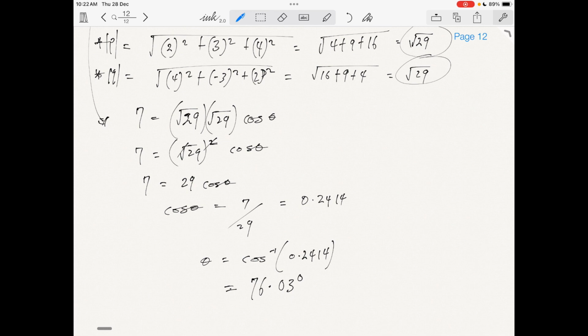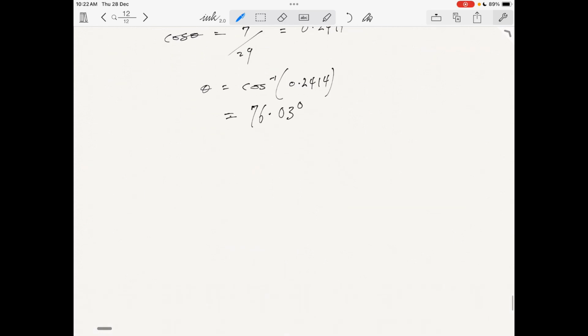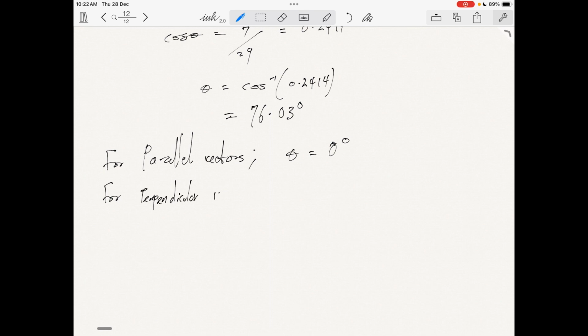Now these are the ways to calculate the angle between two vectors. It is very essential to know that for parallel vectors, the angle between the two vectors will be 0 degrees, and for perpendicular vectors, the angle between them will be 90 degrees, as the name implies.